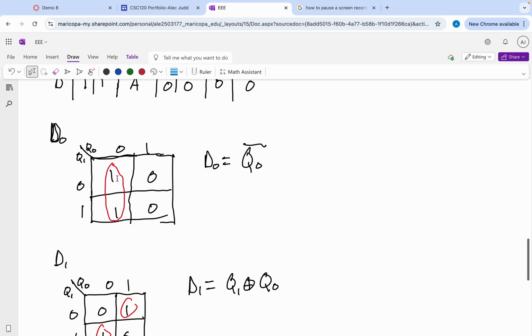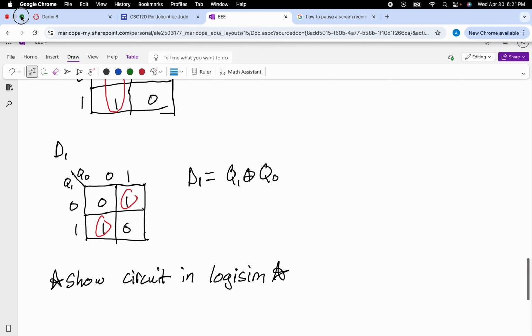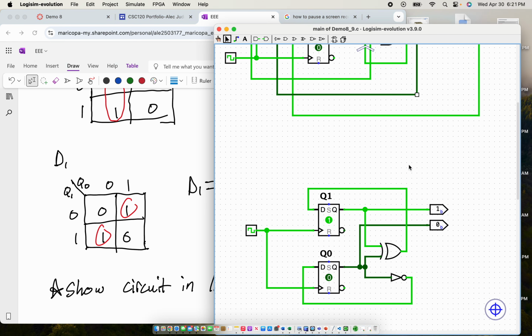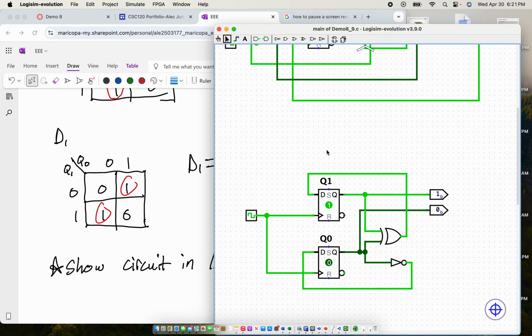And then for D1, we end up with Q1 XOR Q0. And so now I'll show this circuit in Logisim.